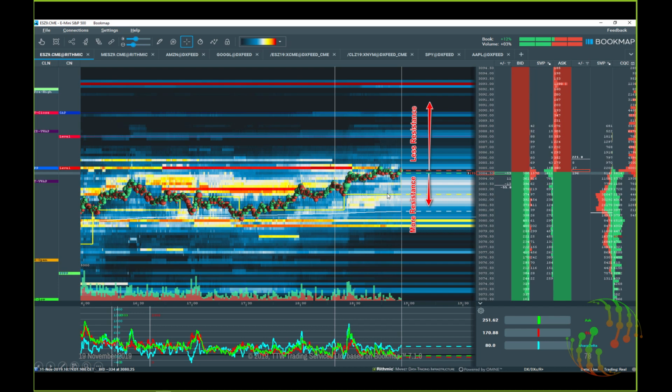So maybe let me think about your question further, because my answer would be, at the moment, look at dark red areas if you have chosen the dark red.